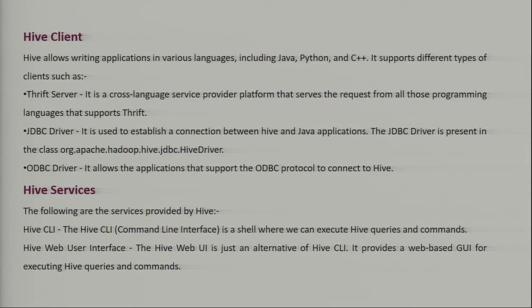Then we have the Hive services. In Hive services, we are talking about the Hive CLI, the command line interface, which is the shell where we can execute Hive queries and commands. It's a very straightforward point: you use a command line interface through which you can start your execution.